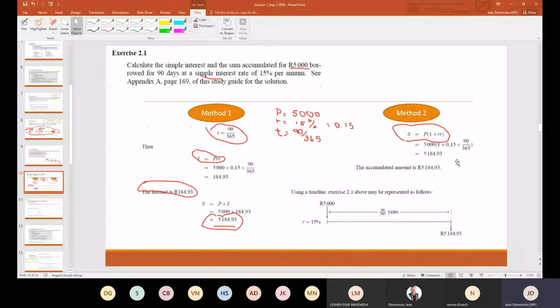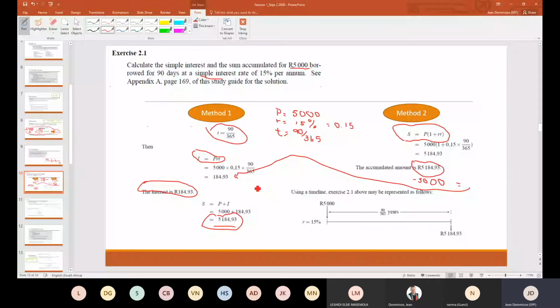Now, if you also need to show the simple interest, then you will need to say, okay, well, the accumulated amount that I've calculated now was this. I still need to show your interest. So that minus the 5,000 would give me again the interest that is equal to the 184.93.